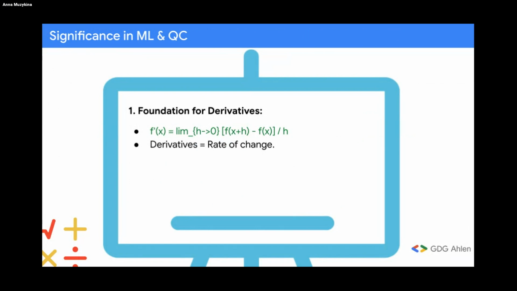Why do limits matter so much for AI or quantum computing? First, the foundation for derivatives.